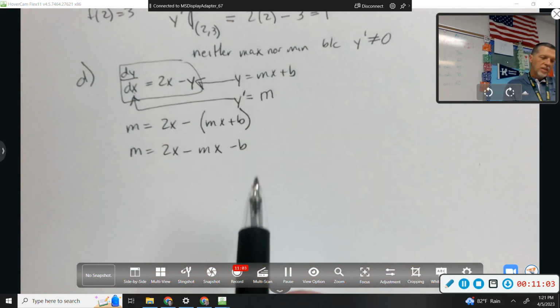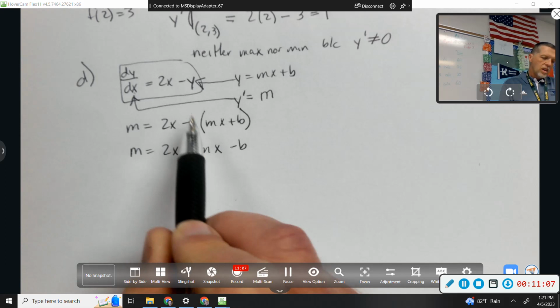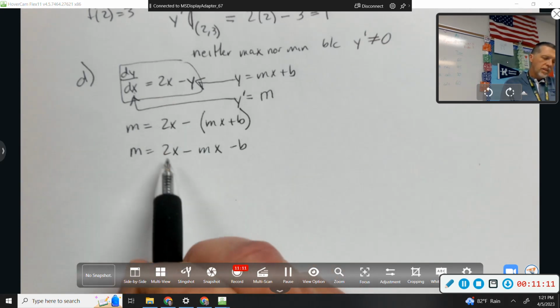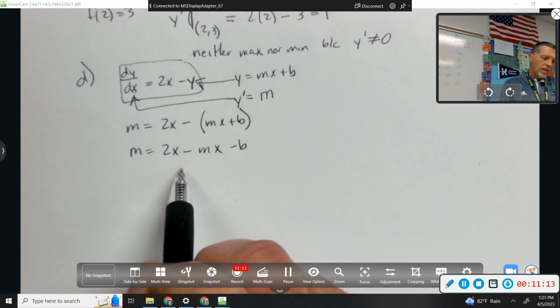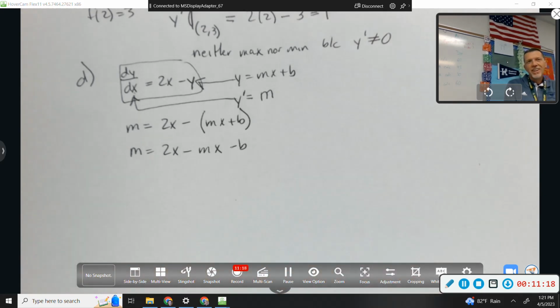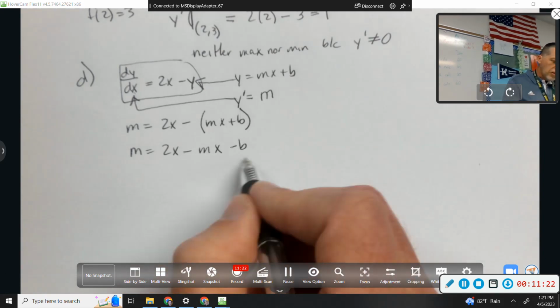Are you supposed to try and put it in the y equals mx plus b form? It would be 2, and then your b would be minus m. I'm just trying to think how to get this, to find out what b is.